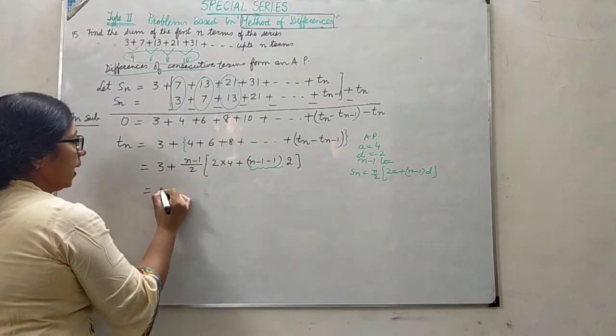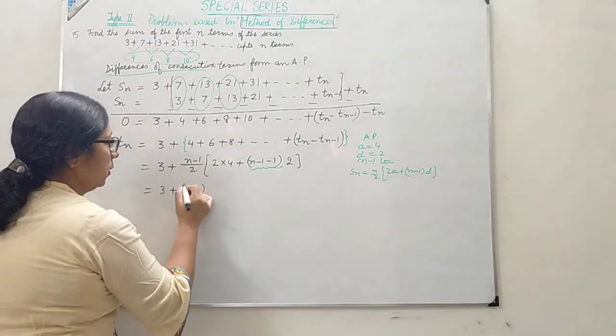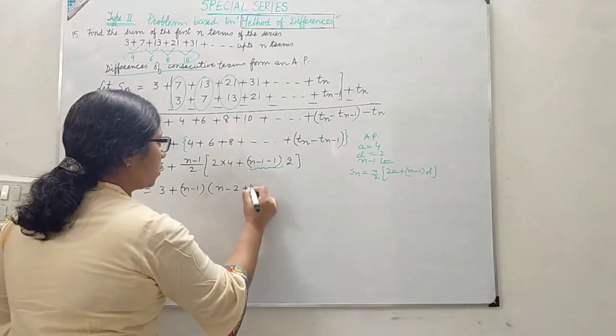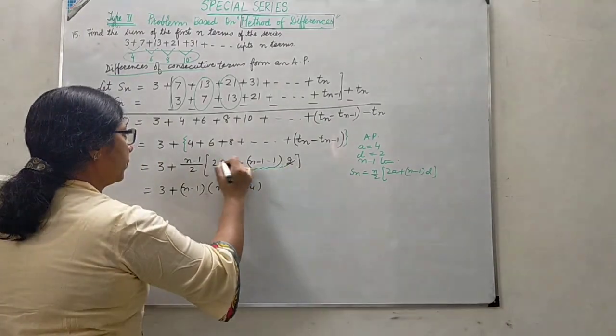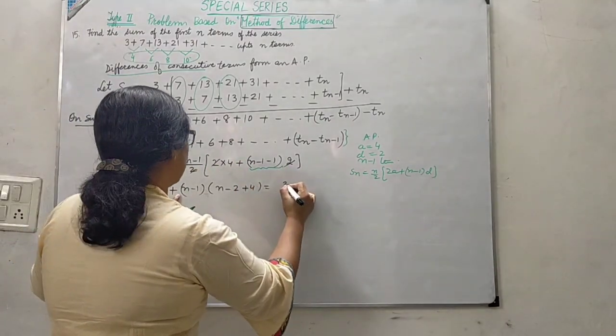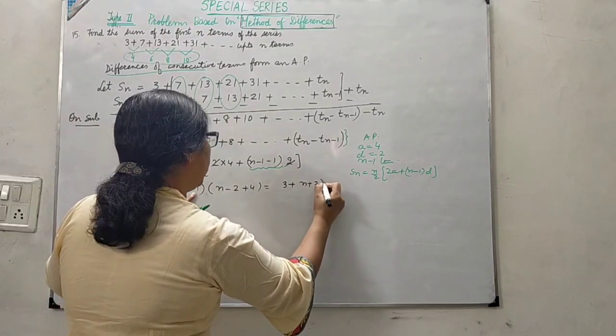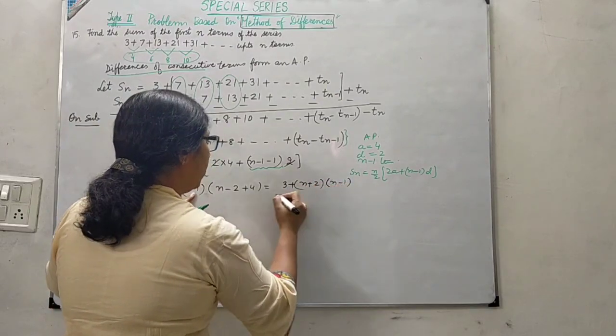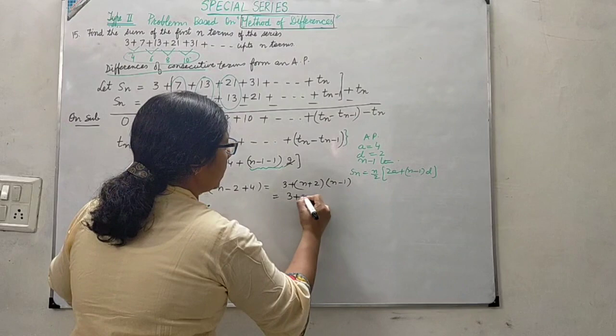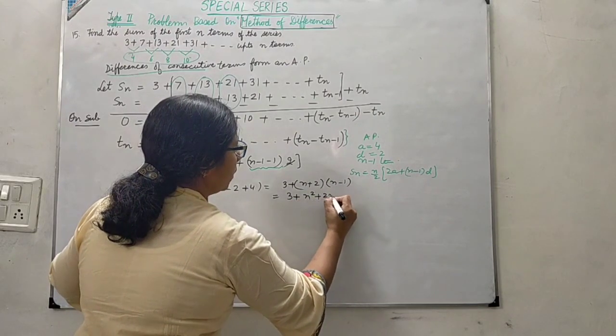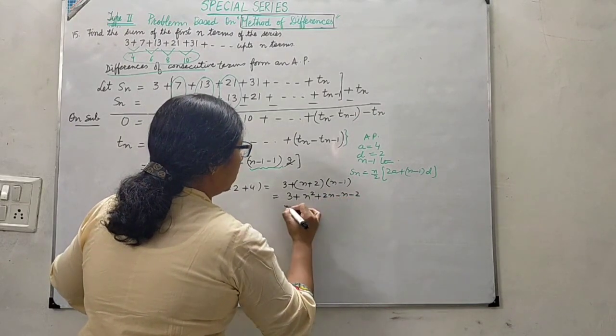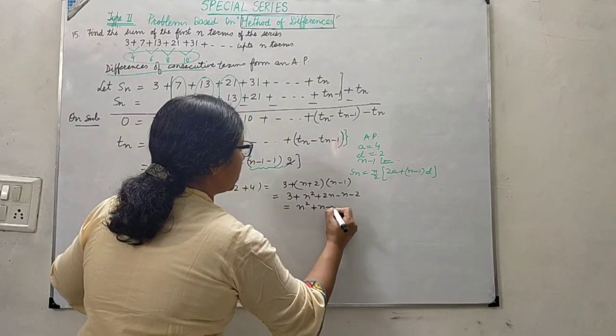So this 2 getting cancelled, we are left with n minus 2 plus 4. That means this I have getting cancelled. So 3 plus n plus 2 into n minus 1. We are having 3 plus n square plus 2n minus n minus 2. So n square plus n plus 1.